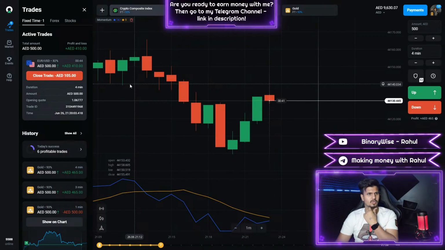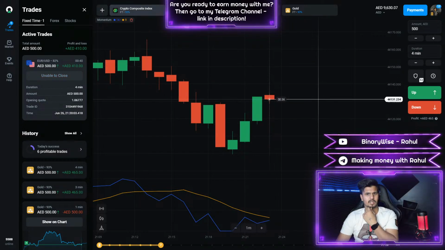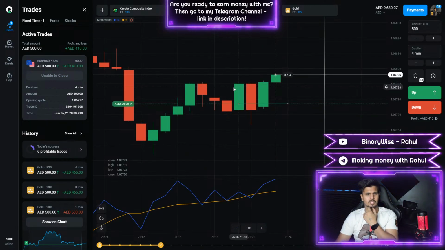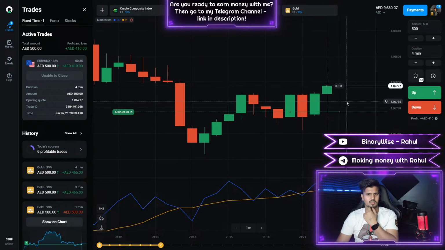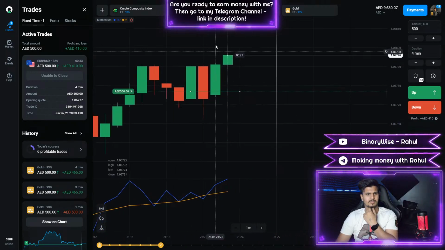The previous Europe USD came in the profitable amount right now, and that was giving only 82%. Oh, that's pretty cool. It's moving in the upward right now.